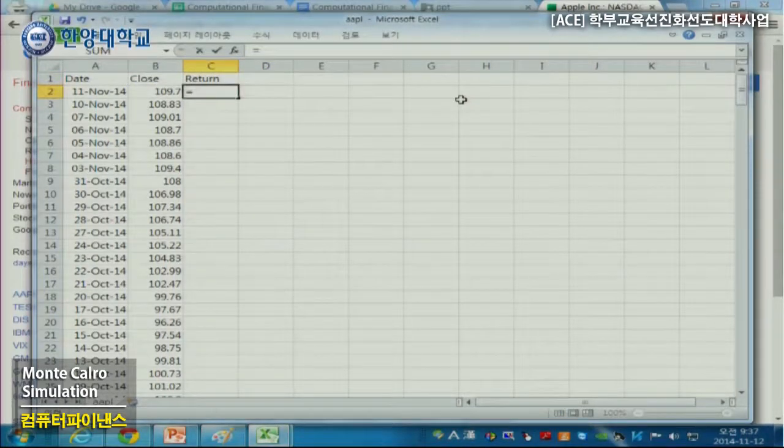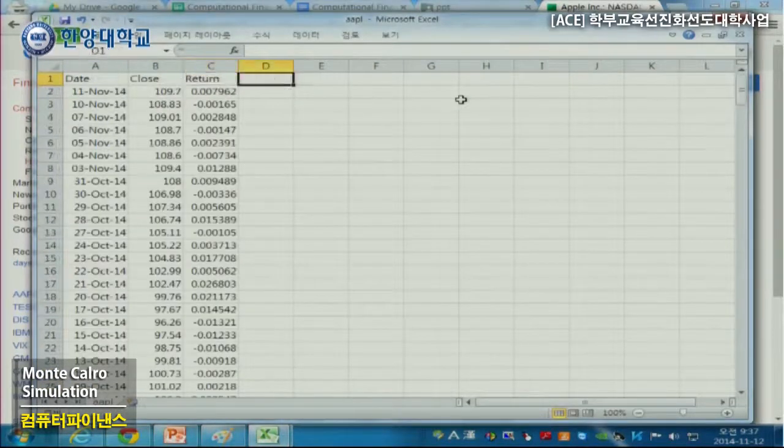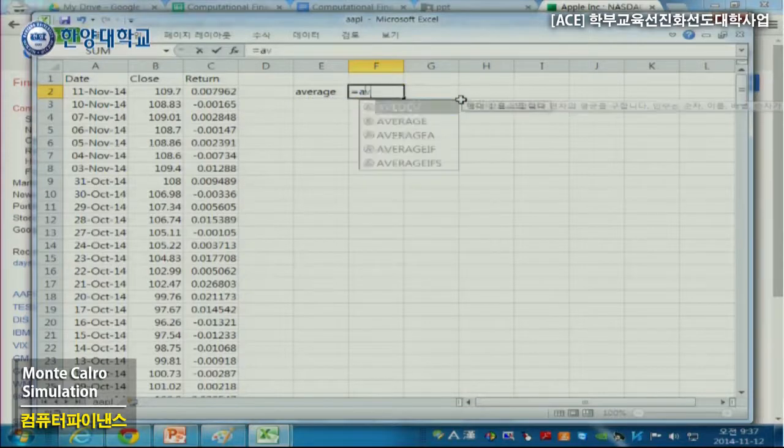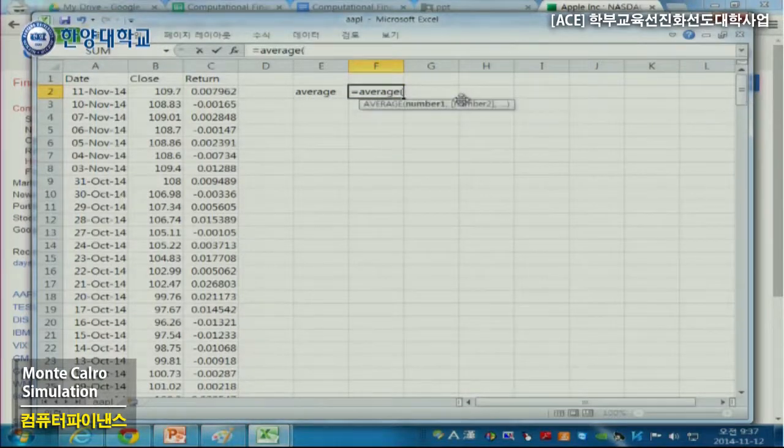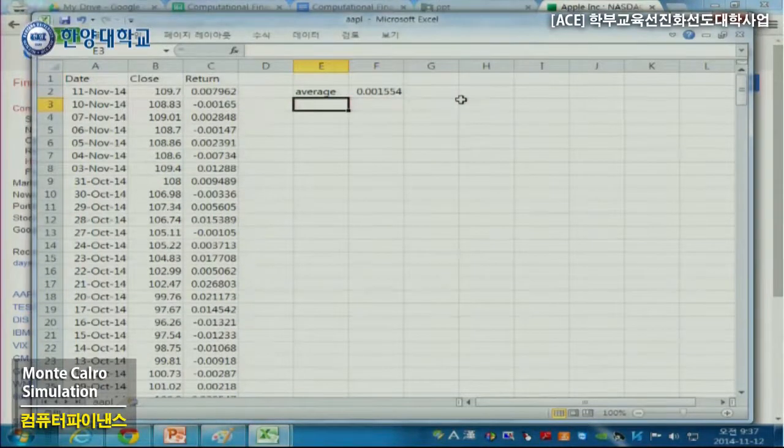Let's make it continuous return, continuously compounded return. It looks like this. And then the average. And then the variance.